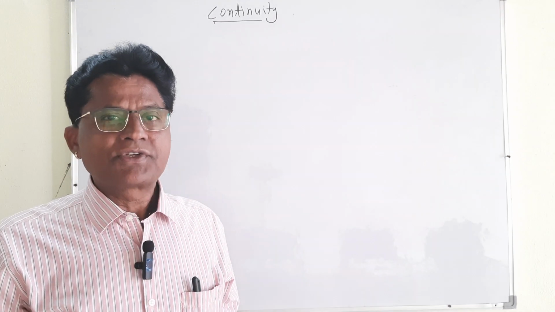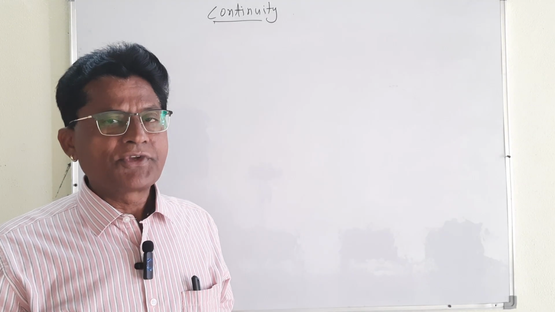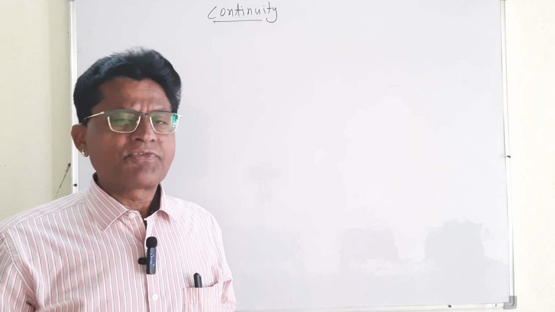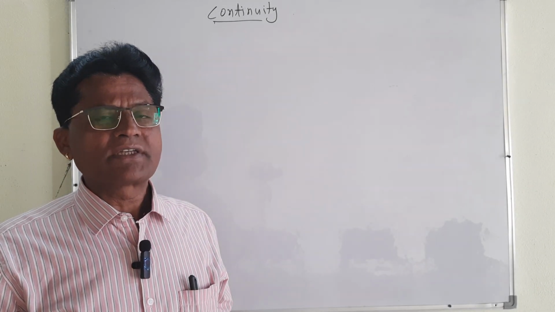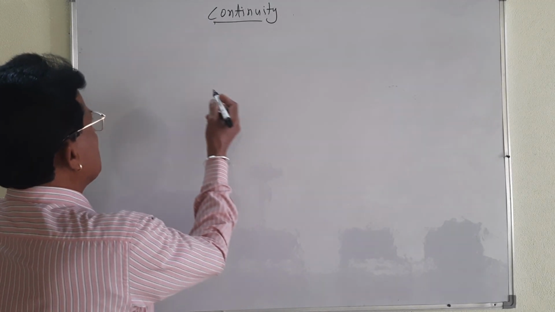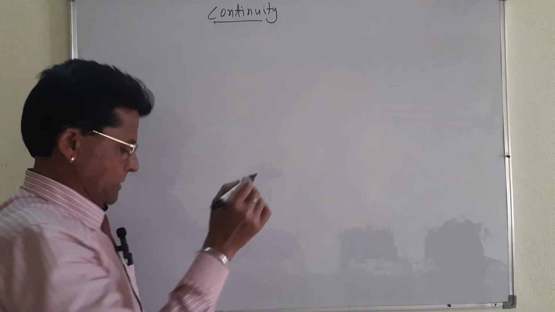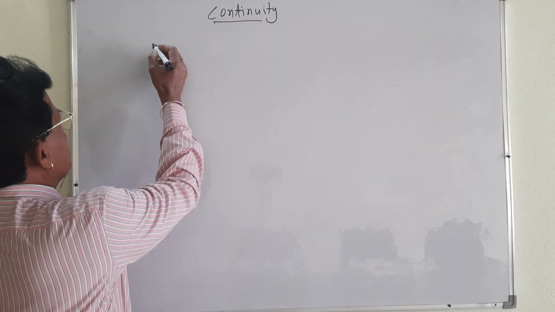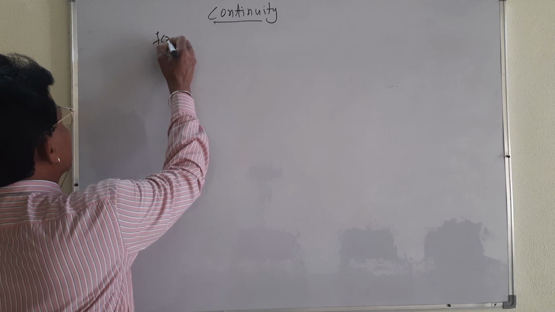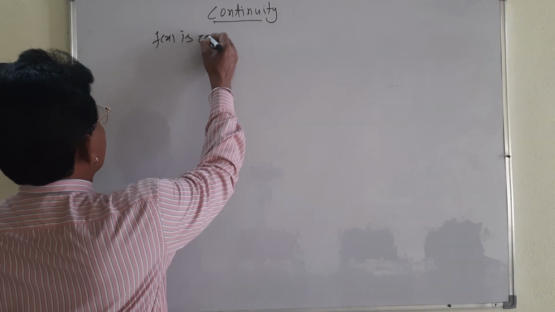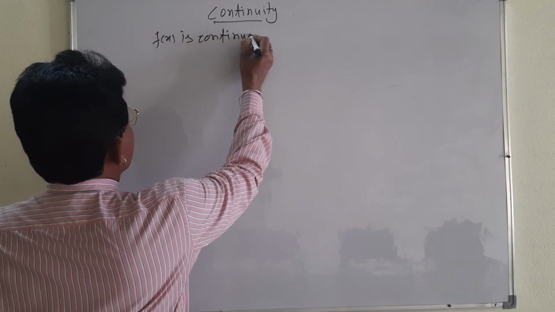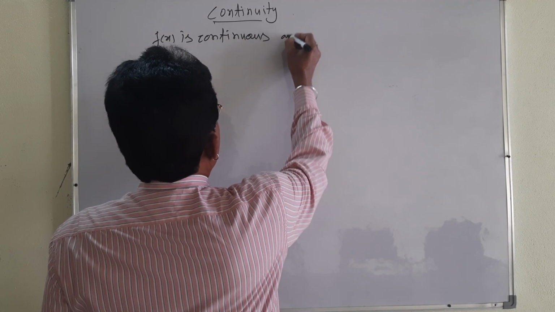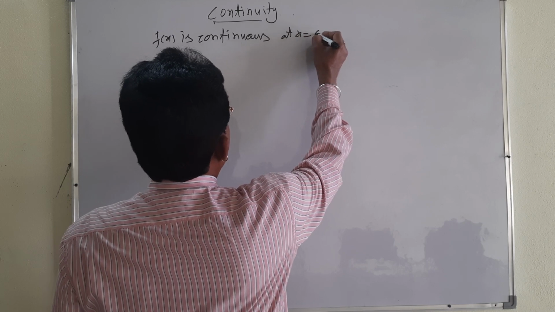I told you already the definition, concept of the continuity. Let me review the definition, how you can say that the function will be continuous. As I discussed in my previous videos, f(x) function is continuous at a particular point, at x is equal to a.